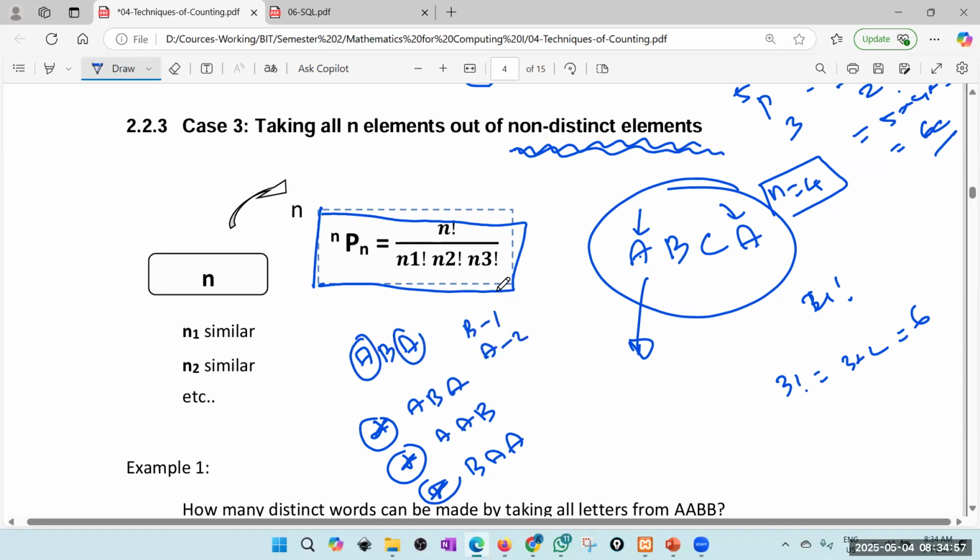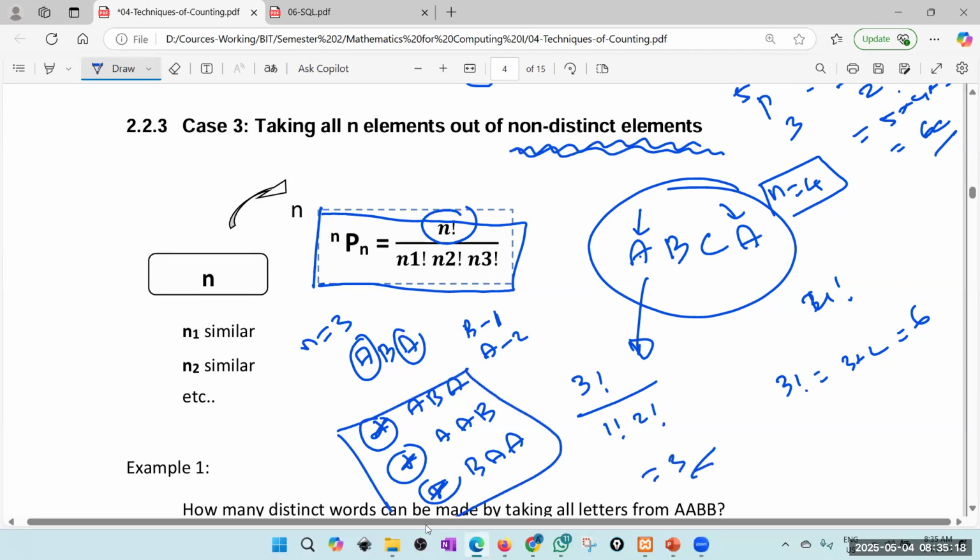So n is still 3, and now it is factorial 3 divided by factorial 1, factorial 2. Of course, factorial 1 is 1. So this is 3 into 2 into 1 divided by 2 into 1, which is 3. Yes, we have only 3.